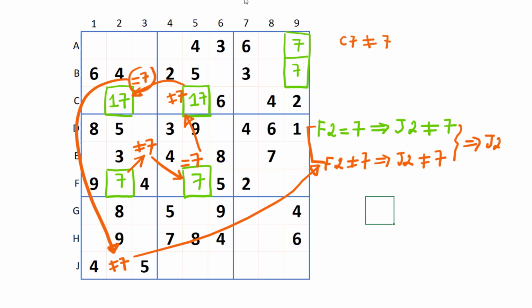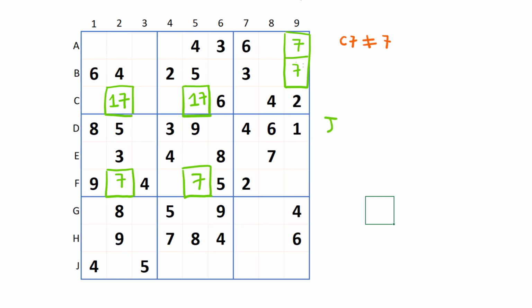In both cases that occur with cell F2, J2 is not 7. Conclusion: J2 is not the number 7.